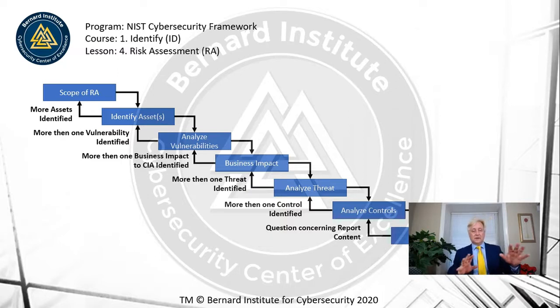Now, by the time you've created this report, you should have already sat down with the manager who's been assigned the responsibility for the assets or the controls over those assets in order to come up with a game plan. This is really important, especially if you're the leader of the cybersecurity program, because you want to engage employees and management.